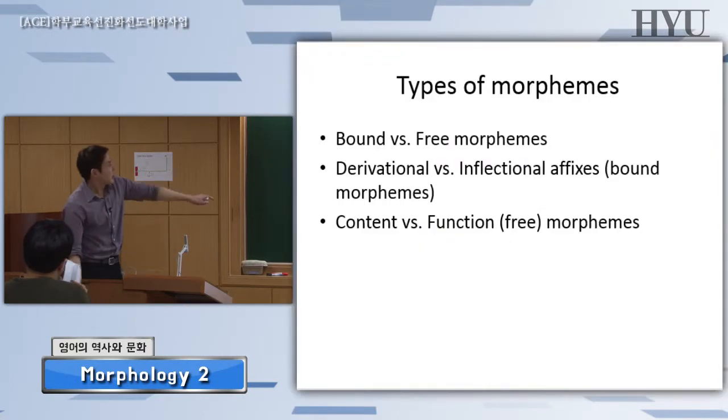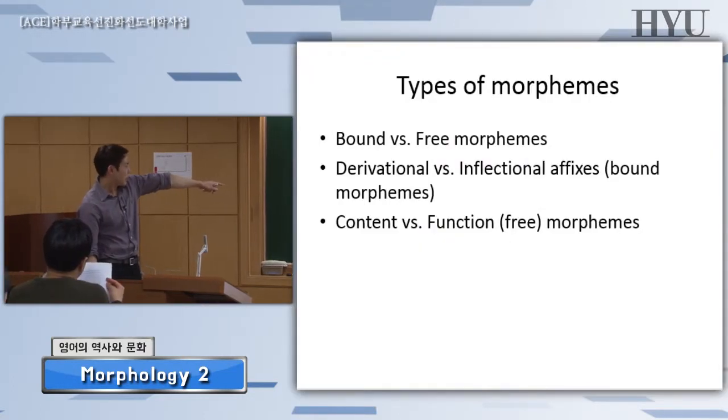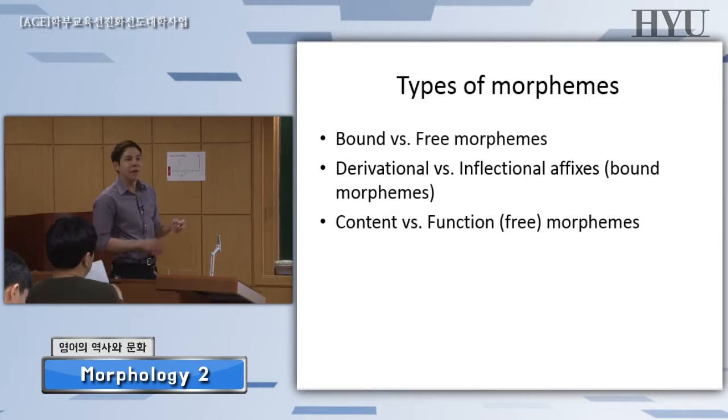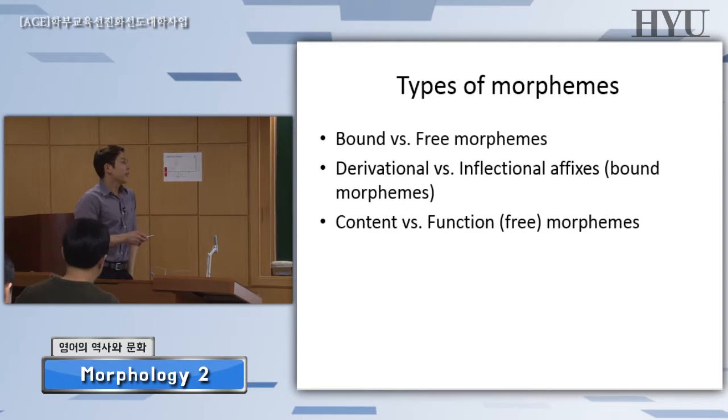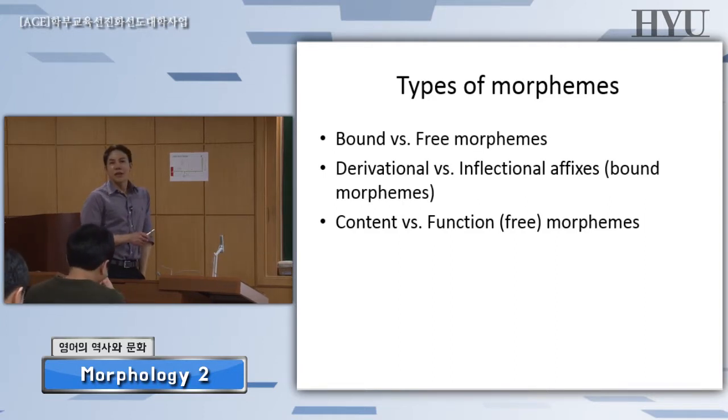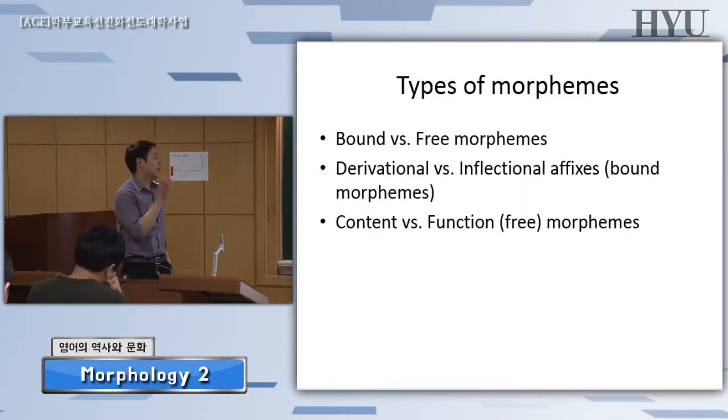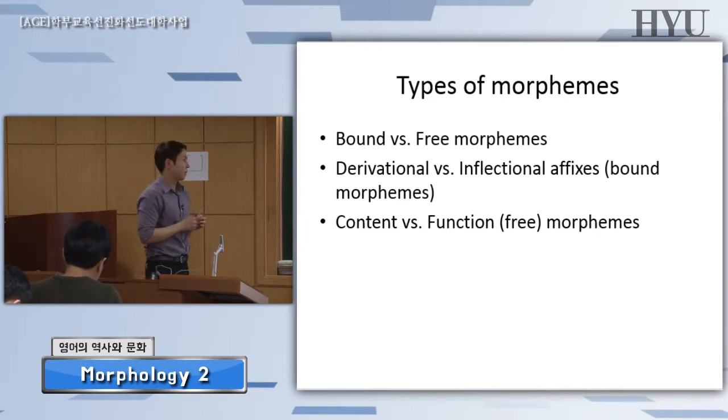Now, let's move on to the stuff that we didn't get to finish last time. This is from the last PowerPoint file, okay? So we already looked at two types of morphemes, right? Bound and free. So bound is something that cannot be by itself, right? And the free morpheme, something that can stand by itself, okay?